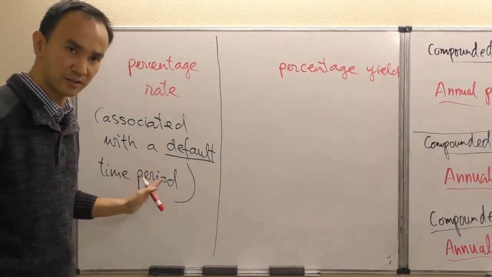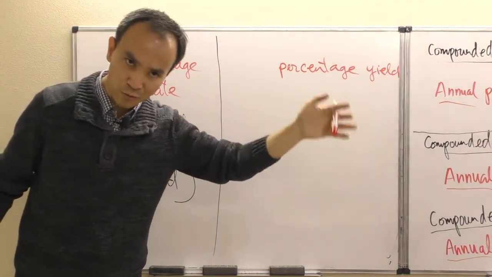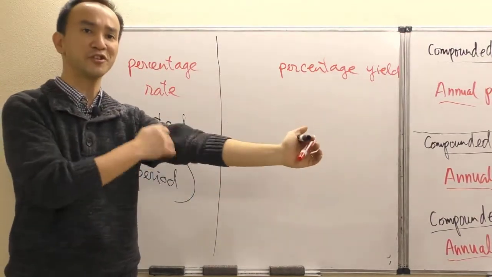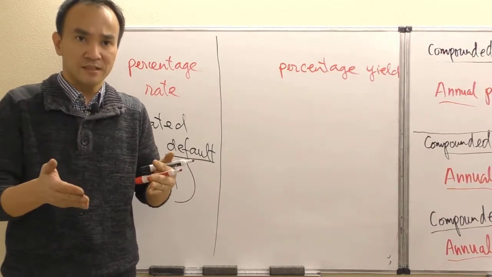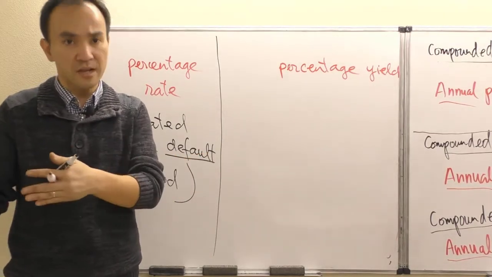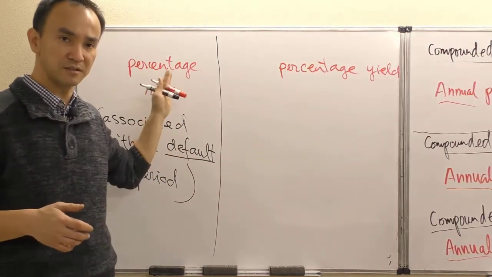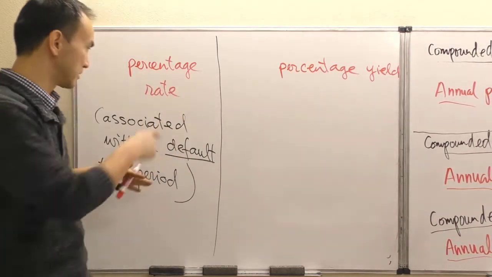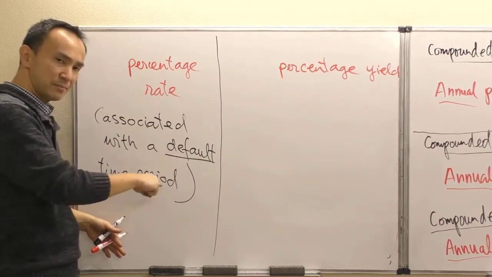Yes, that's one thing we know for sure. So in problem 3, which I brought up much earlier in this lecture, I called the 7% the interest rate per year. So that was an annual percentage rate, and it comes associated with a default time period.